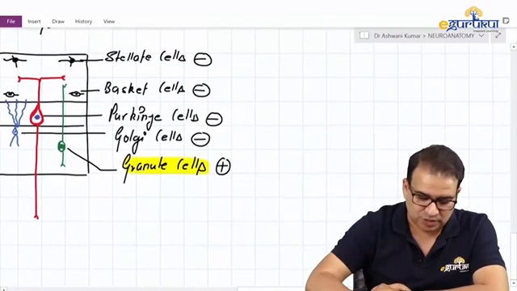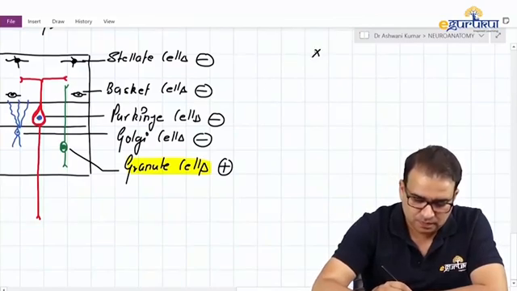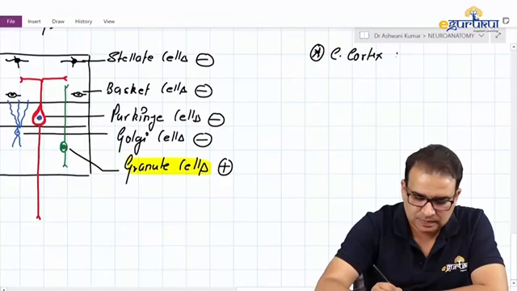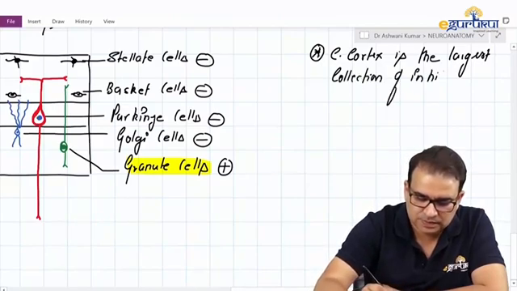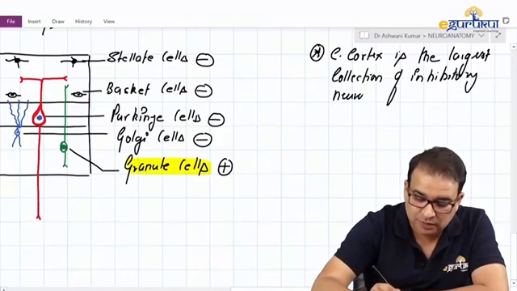So this is to be noted that cerebellar cortex is the largest collection of inhibitory neurons.